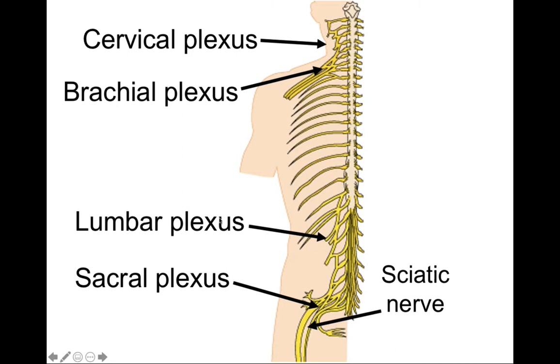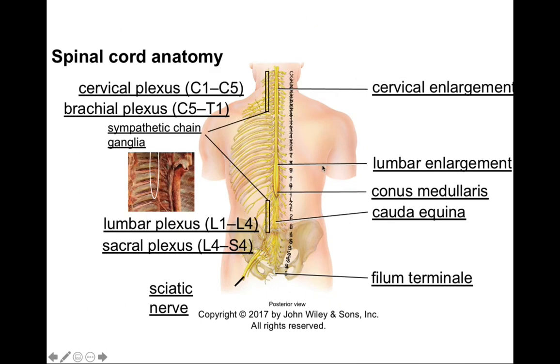Oftentimes we will refer to the lumbar and sacral plexi as one unit. That would be called the lumbosacral plexus. And we see the large sciatic nerve coming off of the sacral plexus down here. This is going to be one of the largest nerves in the body, and it's going to travel down the leg.